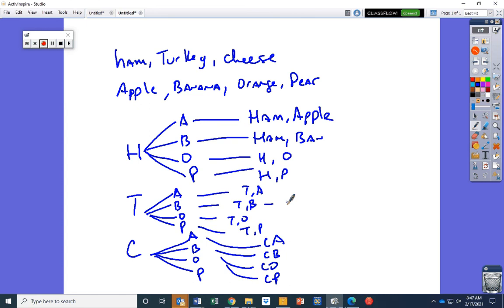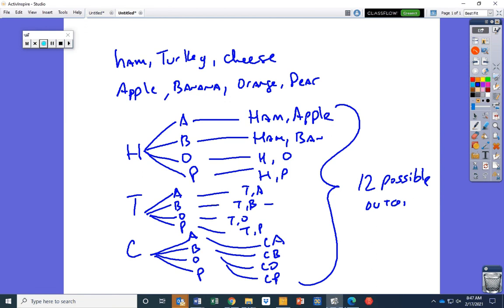A turkey and banana, a turkey sandwich with a banana for fruit. Does that make sense? That's how you use an outcome tree to show all of the possible outcomes. And what we would do right here is just say 12 possible outcomes. Does that make sense?